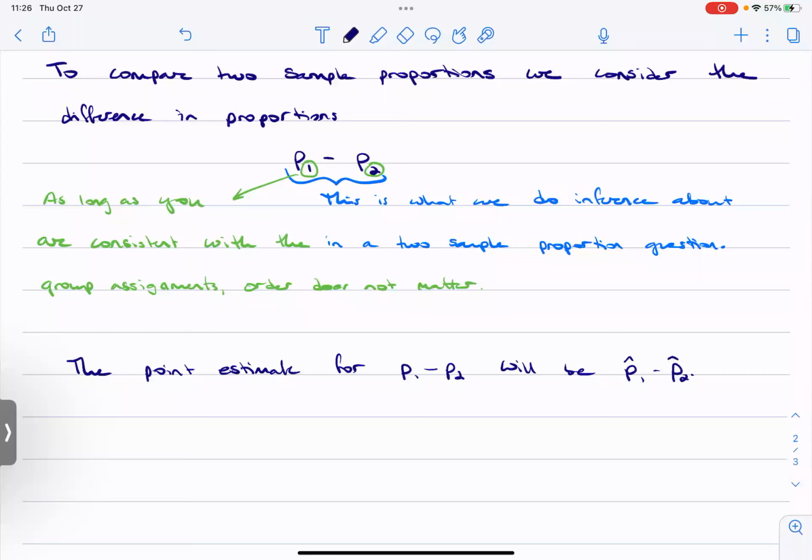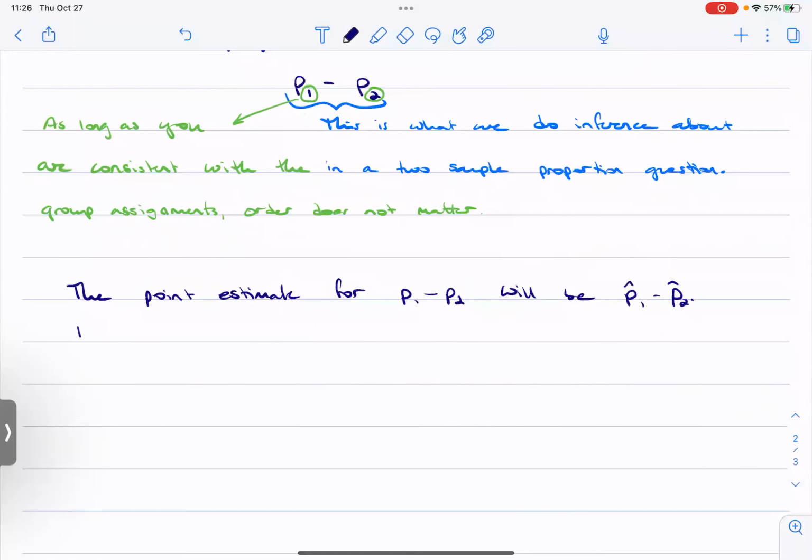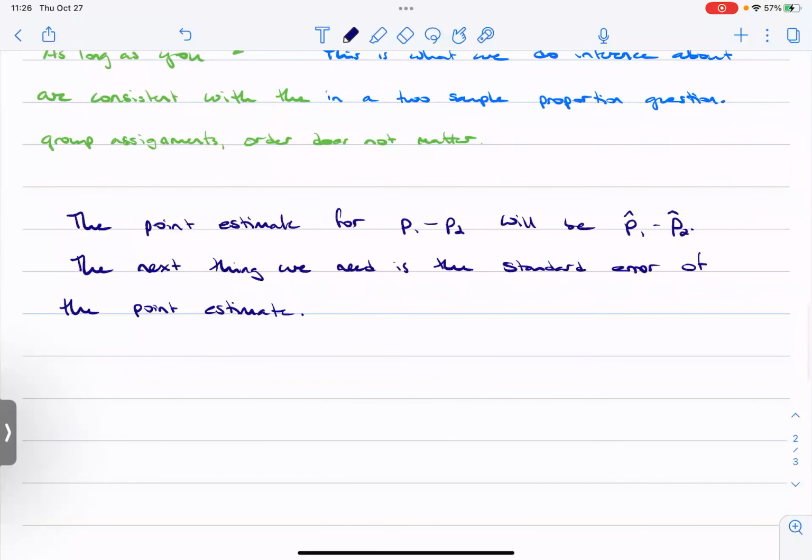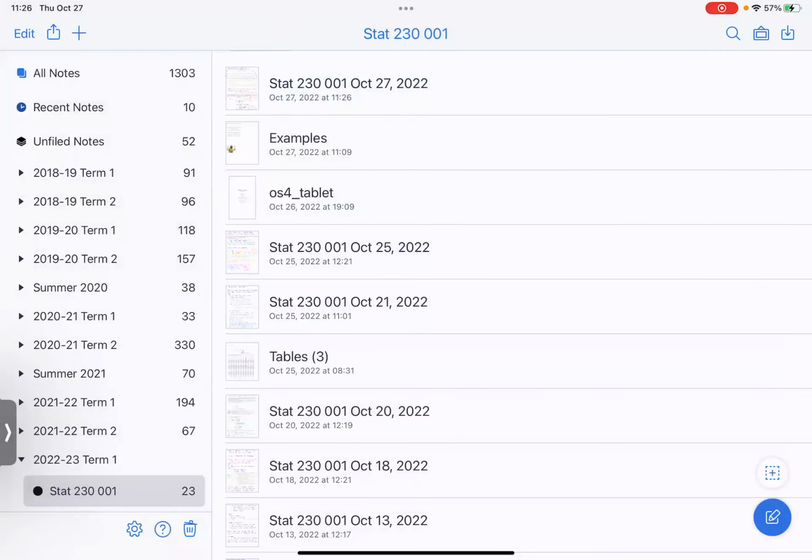So the next thing we need is the standard error of the point estimate. Which leads me to the conditions, which I am going to steal from the textbook.